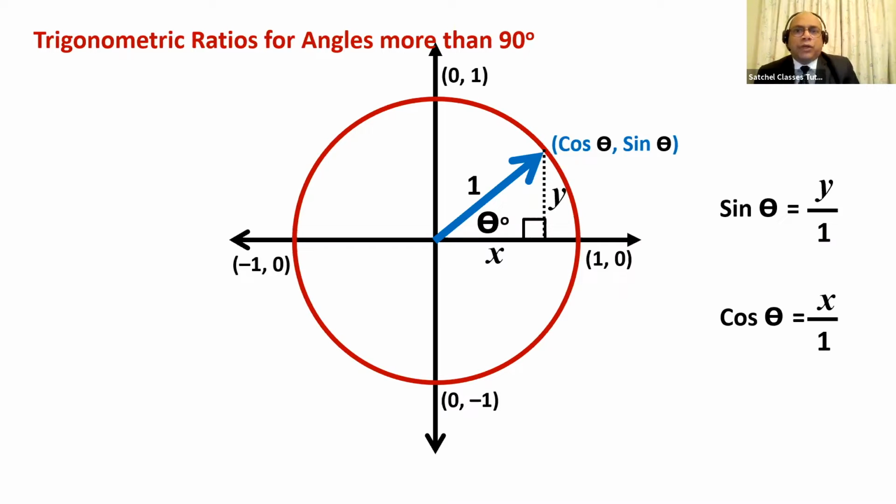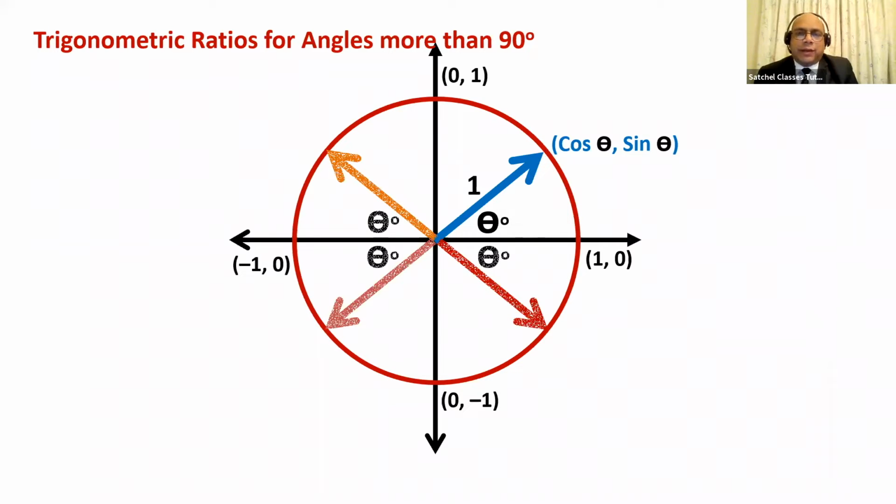Now what I'll do is reflect this particular arrow across the x and y axes, right? Because they are symmetric, as in they are reflected, the points will also get reflected. So the point at the tip of the orange colored arrow would be minus cos theta, because the x coordinate would have become negative.